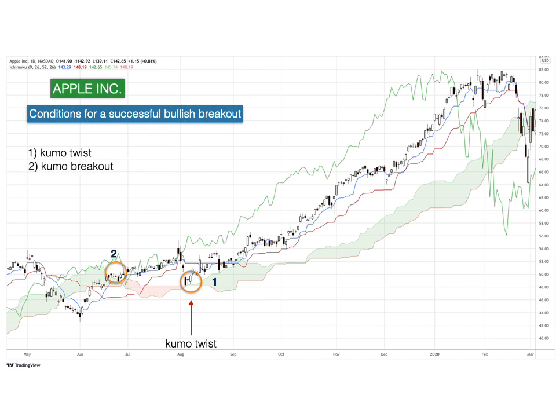Third, there was a Chikou span crossover. Fourth, there was a Kijun-sen crossover. Fifth, there was a Tenkan-sen crossover. Again, all these bullish signals must be present in a chart in order to properly determine the future trend. The result was a strong bullish move for the stock price of Apple.